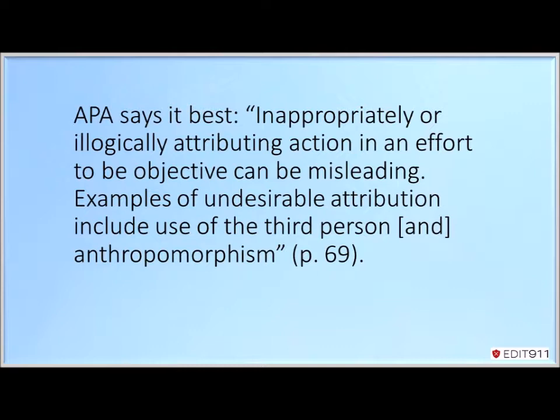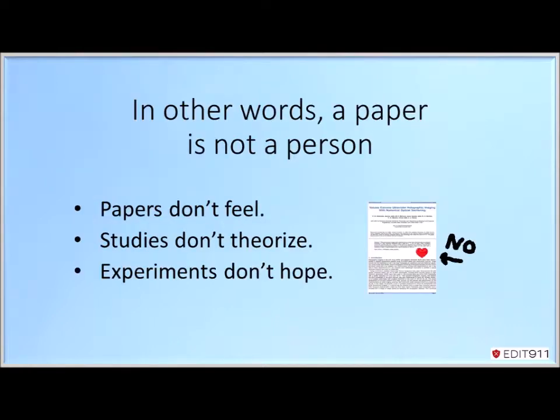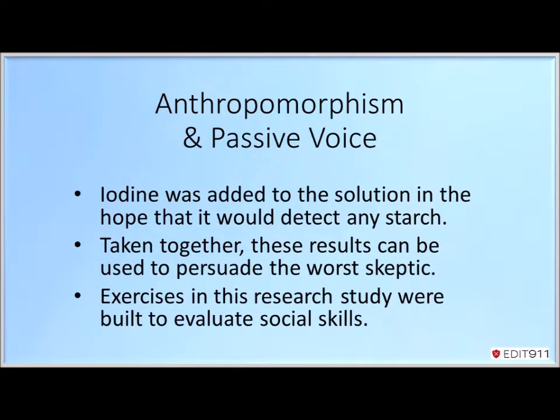APA says it best. Inappropriately or illogically attributing action in an effort to be objective can be misleading. Examples of undesirable attribution include the use of the third person and anthropomorphism. In other words, a paper is not a person. Papers don't feel, studies don't theorize, and experiments don't hope.